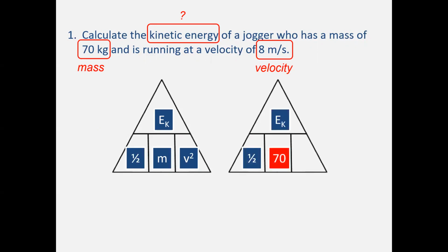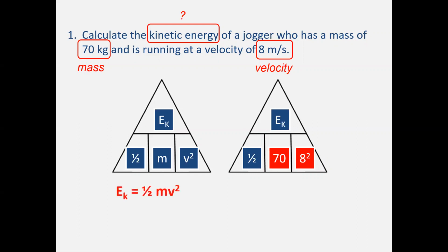So 70 kilograms would substitute M, and 8 would substitute V, velocity. But again, don't forget, you have to square the velocity for the kinetic energy equation.